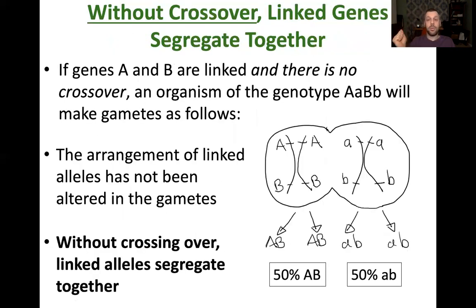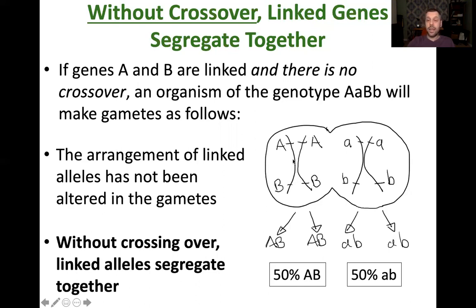So here's one example of an organism that is, again, big A, big B, little b. So we have big A here, little a here, big B here, little b here, right? So same genotype. But this time, A and B are physically linked in a linkage group on the same chromosome, right?